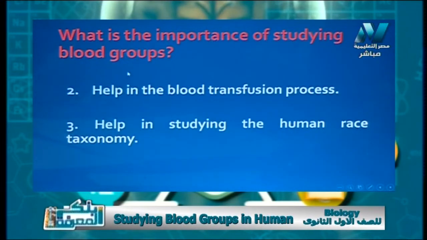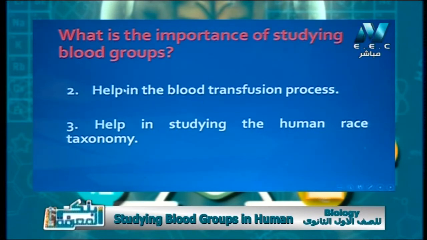Also, studying blood groups helps us in the blood transfusion process. We cannot give a person with one blood group a different blood group. There could be antibodies against the incoming blood group, so the person could die.